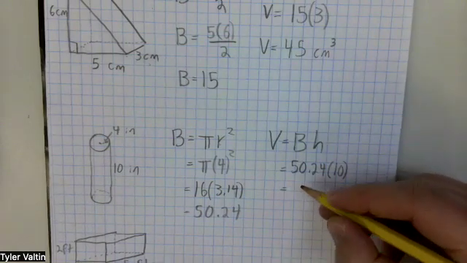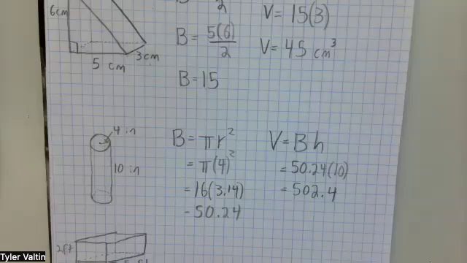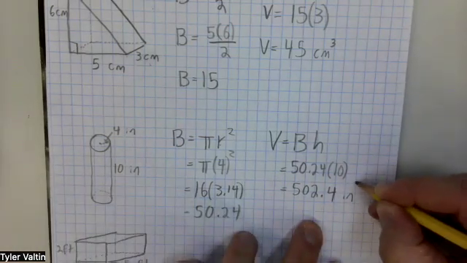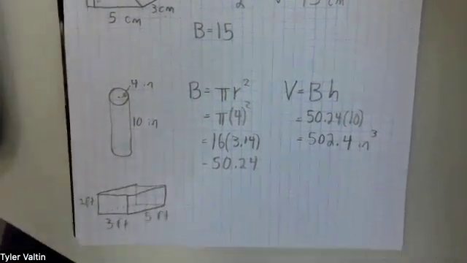I just move the decimal over one time, and I get 502.4, and inches cubed. Going through this a little quick, so feel free to pause or go back and hear it again.